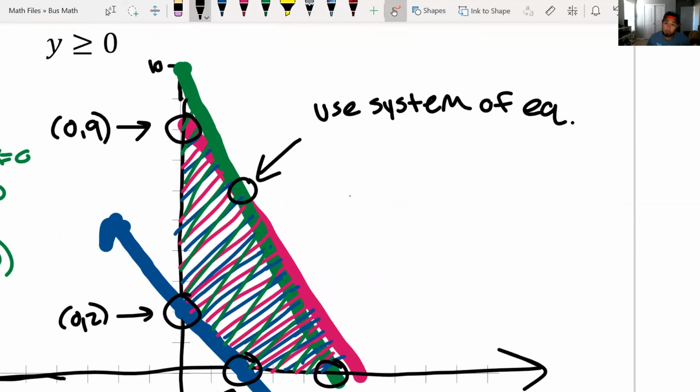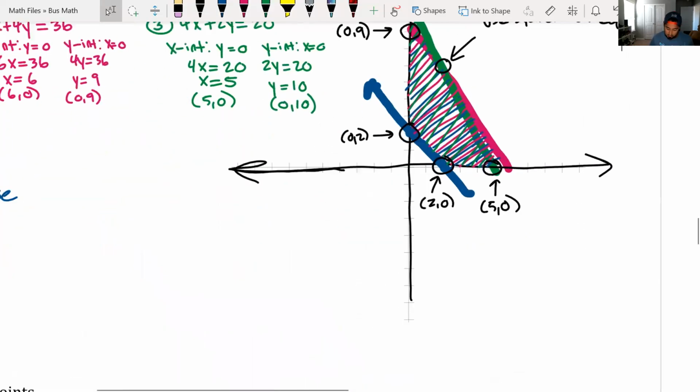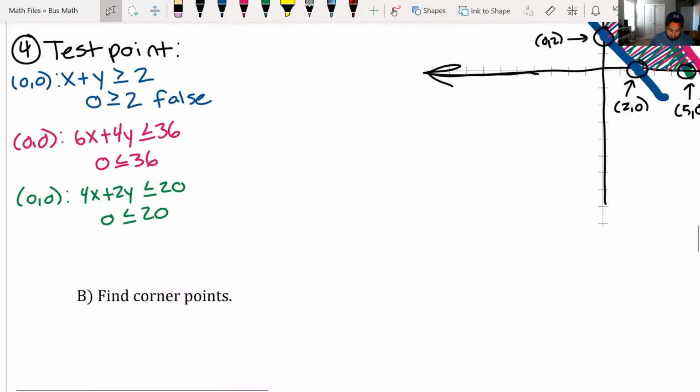And it's a good thing I color coordinated it, because we know the green line and the red line intersect, and those are the lines we're going to use to solve for it. So I can do that down here.